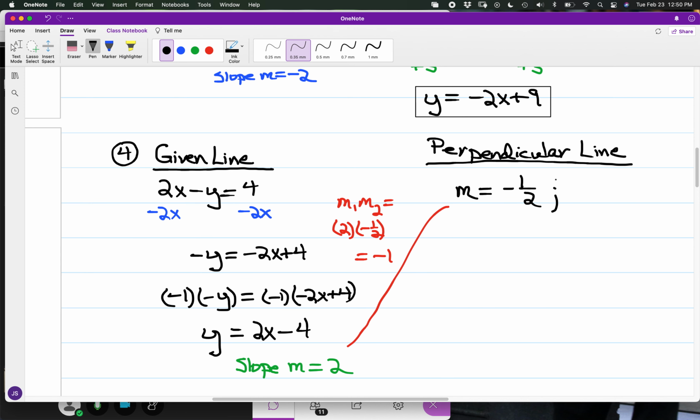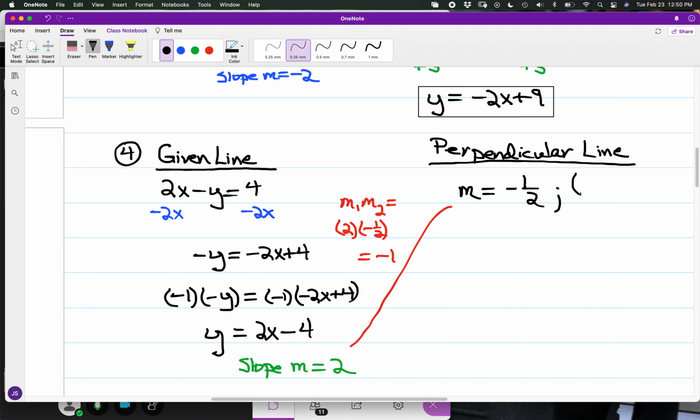For the perpendicular line, the slope is negative 1/2, and the point through which it passes is 2, 7.